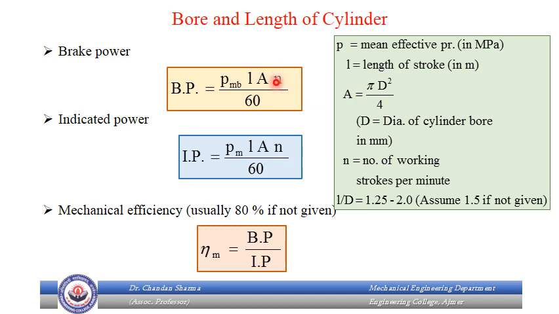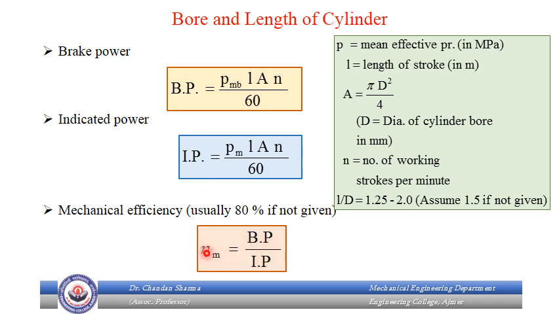In a 4-stroke engine, N will be N by 2, and for a 2-stroke engine, N will be equal to N. Similarly, the IP is also given by PM LAN/60. Here PM is indicated mean effective pressure.